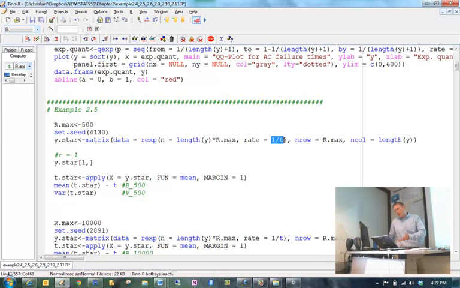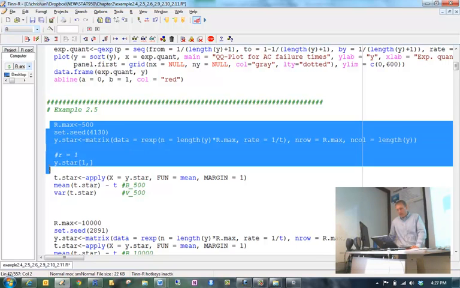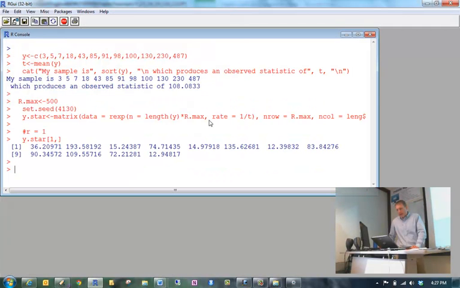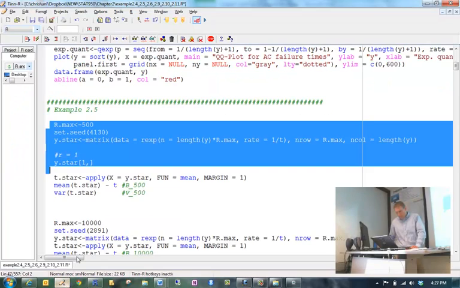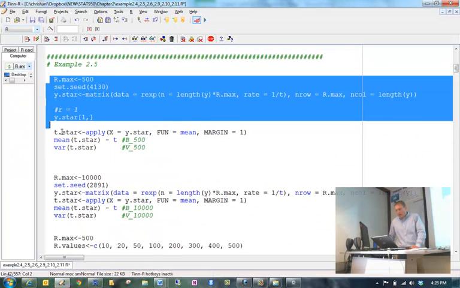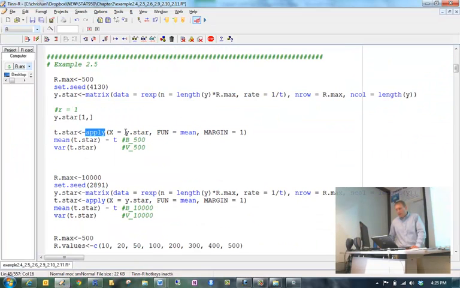So that's why I have 1 over t, in other words, y bar. Number of rows R, number of columns N. I put this all in here, and there's my first resample. So here is y11 star, y12 star, and so on. I use then the apply function, which we've seen before, to my resample data. I'm going to use the mean function that's applied to every row.